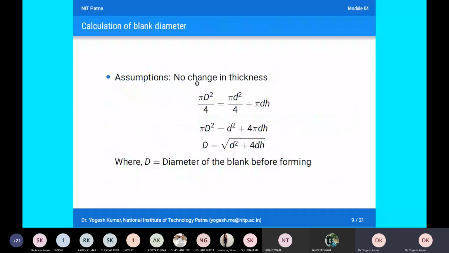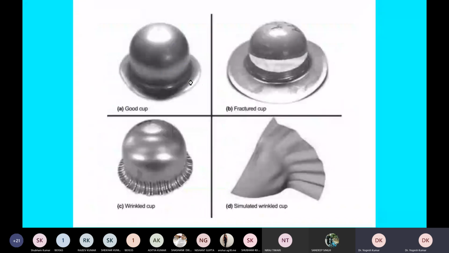Let me show you that. Here you can see this wrinkling has been generated on the surface of your cup. Why does this problem of wrinkling come in deep drawing?